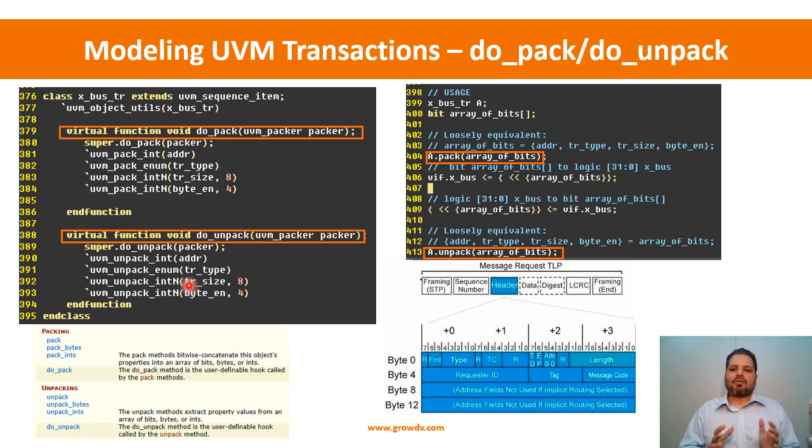Because while specifying the pack or unpack, we have specified the fields and the field widths, right? So based on that, it knows from what index to what index it needs to pick from the array for each of the fields. It takes those values and puts them into the corresponding variables, and now the transaction can consume those variables. For example, after unpacking, I could send it for comparison, right?